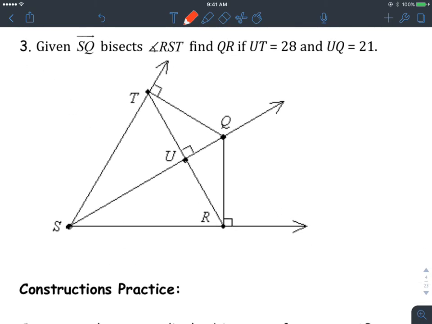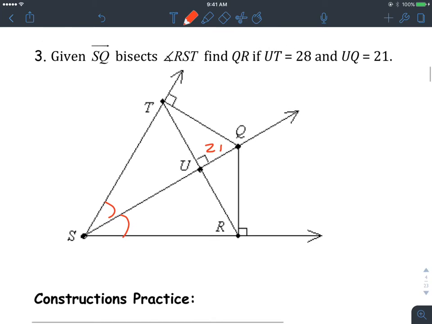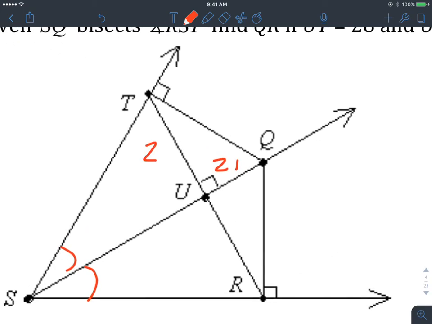Okay, let's see what we've got going on here. SQ bisects angle RST, so there's an angle bisector going on. Find QR if UQ is 21. Oh, and UT also, I'm sorry, UT is 28.